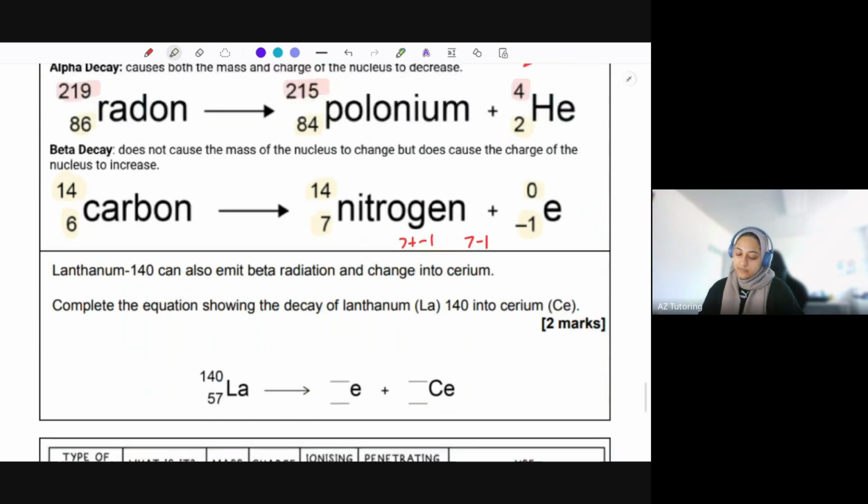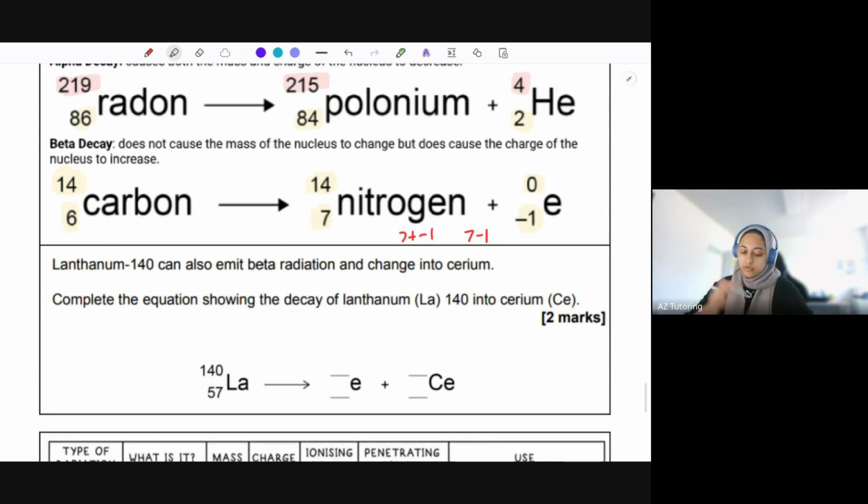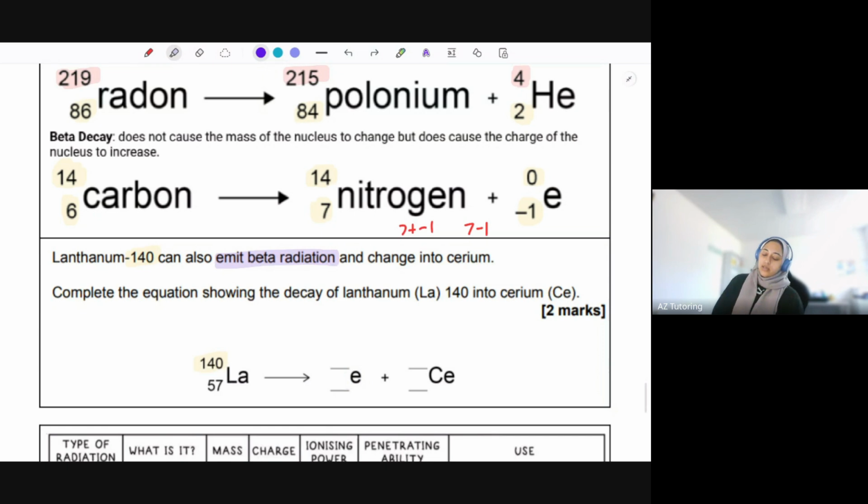Let's have a look at a practice question on this. So they've given us something random again, lanthanum 140. Whenever they say a number after it, that's usually the mass number. So you can see here it's a mass number 140. It says it also emits beta radiation. So that's why they've shown us an electron here. They've helped us there. And it changes into cerium.